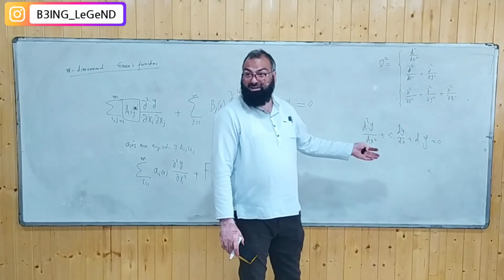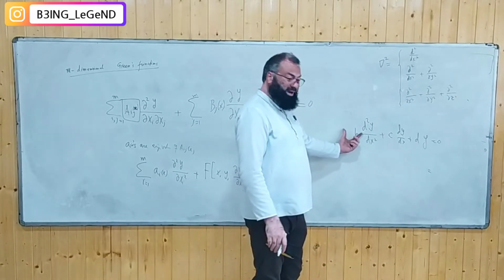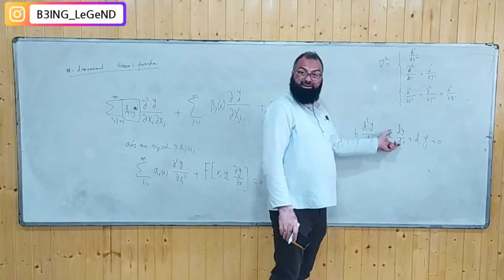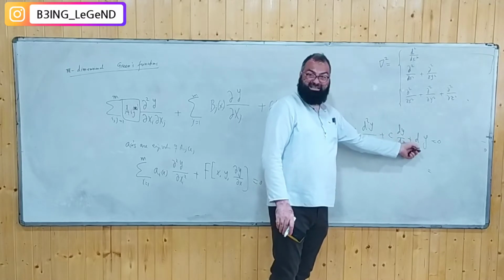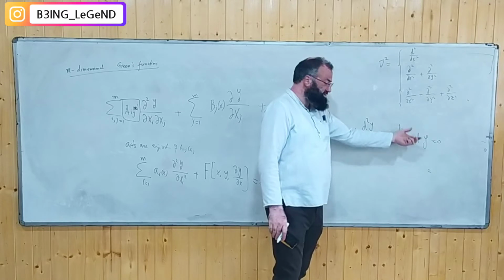So all those equations are of this form. Let's say b here. You are having 1 minus x square here and some here and some here. You remember it? These are the general equations you have studied.